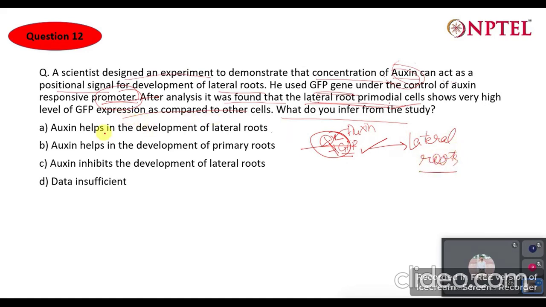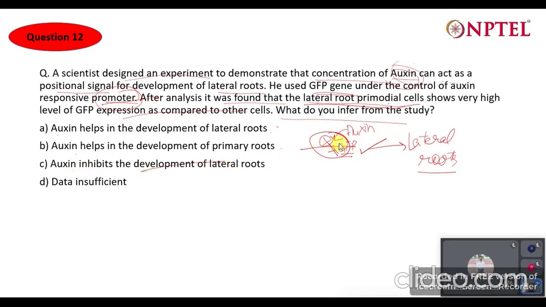So the option says auxin helps in the development of lateral roots, auxin helps in the development of primary roots, and so on. As lateral roots originate from the lateral primordial cells, a high level of auxin concentration will help in the formation of lateral roots.